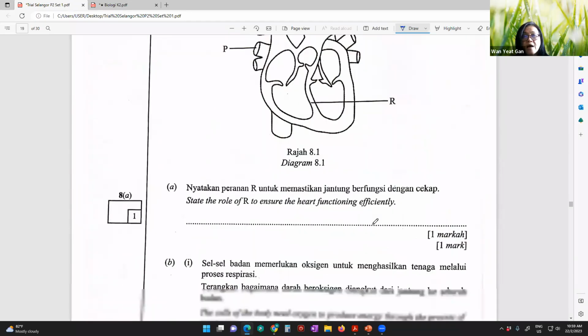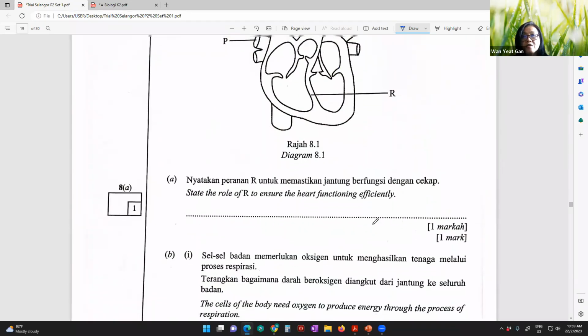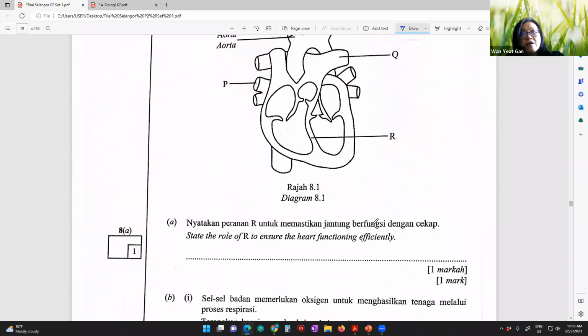State the role of R to ensure that the heart is functioning efficiently. Now, R is, of course, septum. S-E-P-T-U-M, septum. The septum separates the left and right heart.